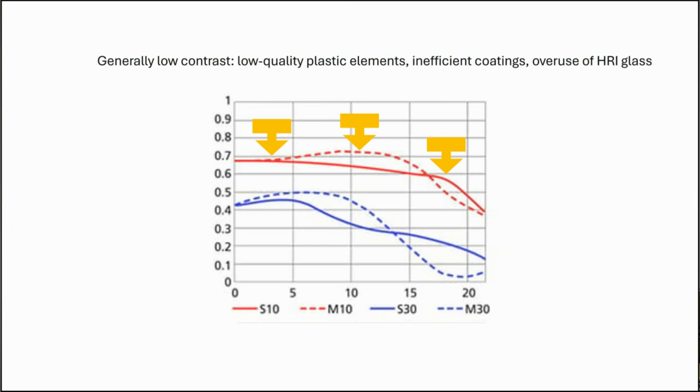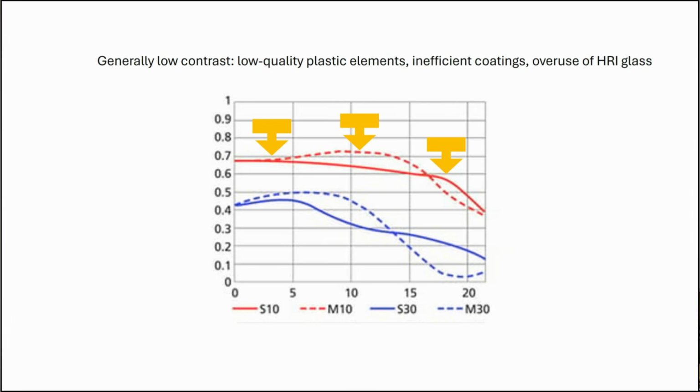You can see that the contrast level of the lens, the global contrast level, only reaches about 70% when wide open.